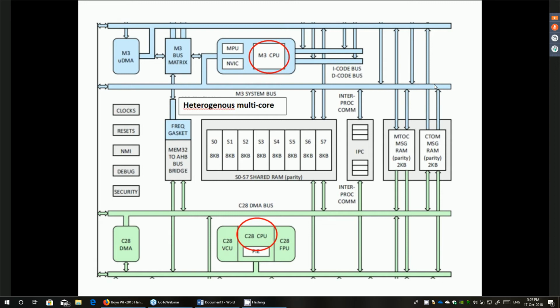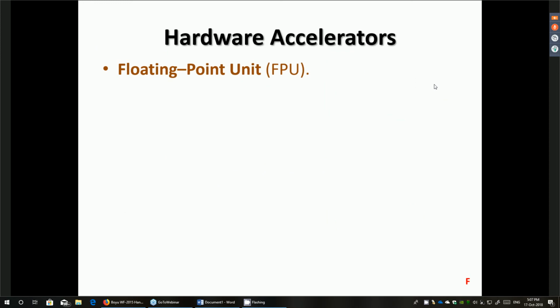So the next parameter that you need to evaluate is, do you need a chip with hardware accelerators, okay? What are hardware accelerators? A good example would be a floating point unit. You will be familiar with the concept of fixed point devices and floating point devices, right? And each architecture has its own pros and cons. We'll talk a little bit about that.